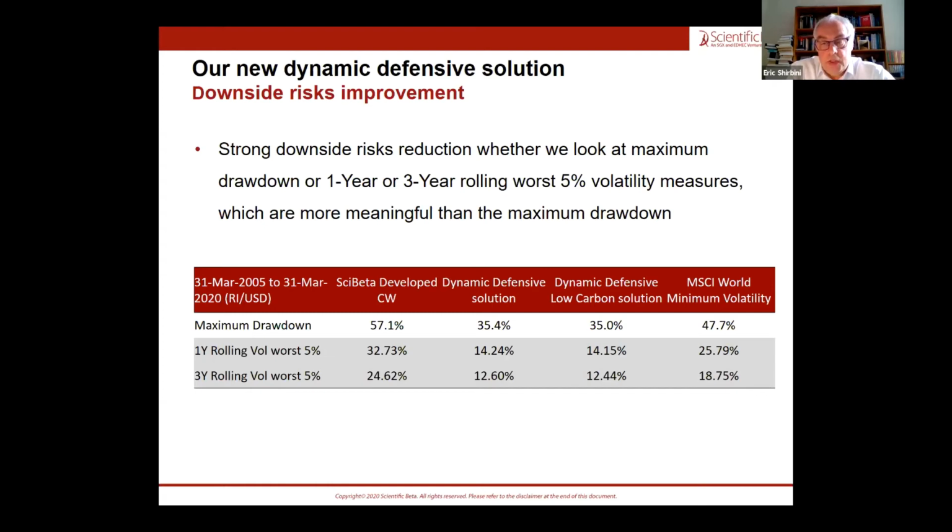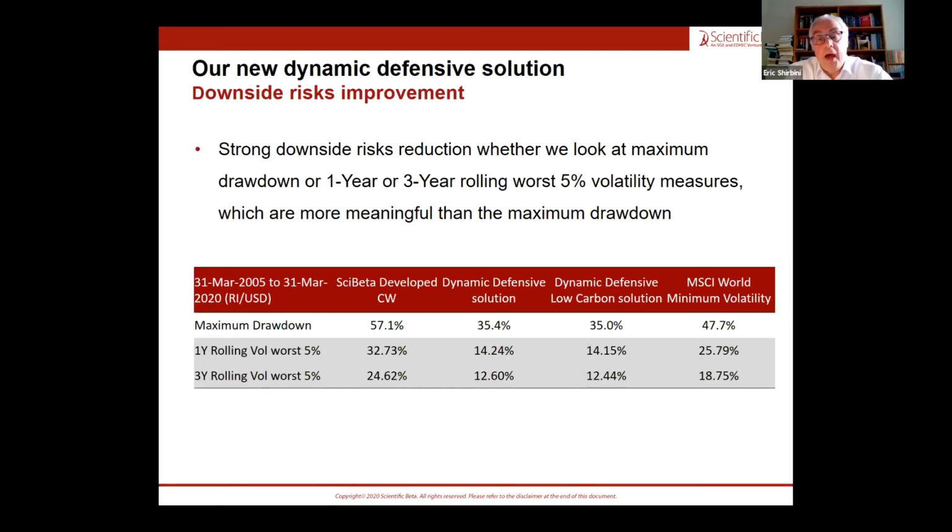And again, you see that defensive strategies tend to have a lower volatility on average compared to the cap weight, but the dynamic defensive strategy ends up having a rolling volatility which is about half the rolling volatility of the cap-weighted index and significantly lower than traditional defensive strategies.